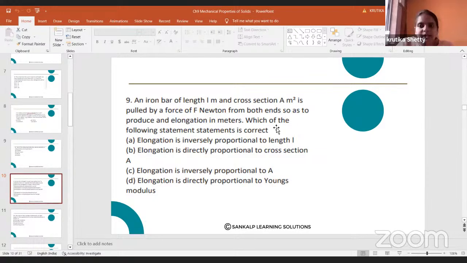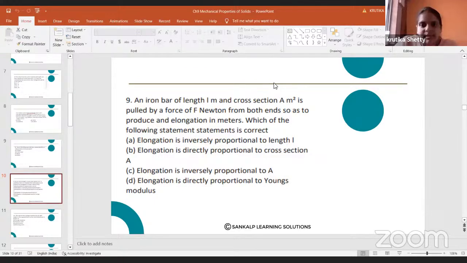Can you give the answer here? See, elongation is inversely proportional to length. Elongation is directly proportional to cross section. Elongation is directly proportional to Young's modulus. It is option C. Yes, very good.